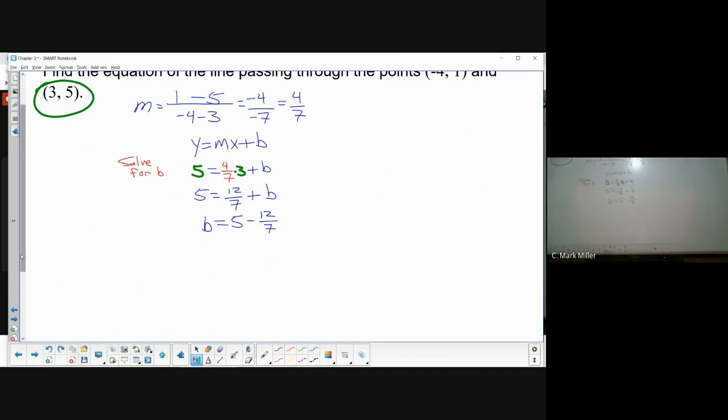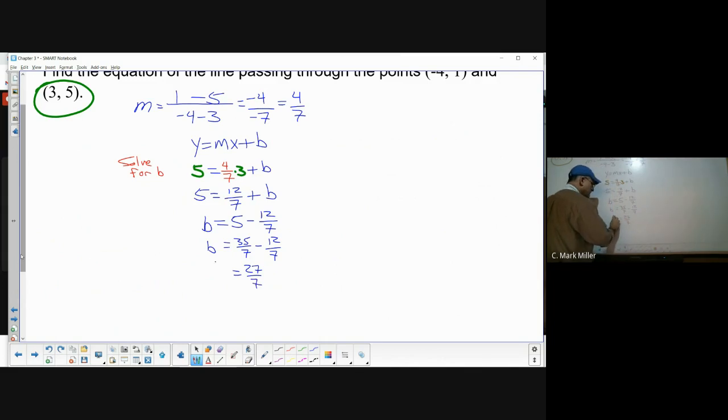I like to have what I'm solving for on the left. It's a quirk of mine. Five is 35/7 minus 12/7. That's 23/7.